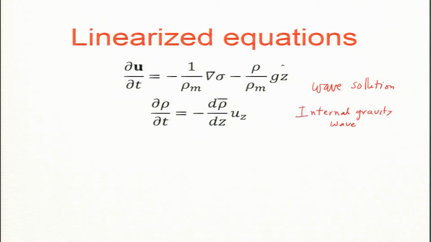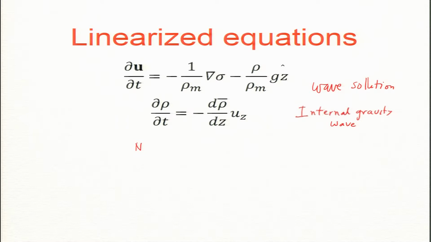What is an internal gravity wave? It is inside the fluid. Inside a lake, if you go inside and create some disturbance, inside the water there is a wave which propagates, that is why it is called internal gravity wave. These waves also travel with a frequency, called the Brunt-Väisälä frequency, and that depends on d rho by dz.